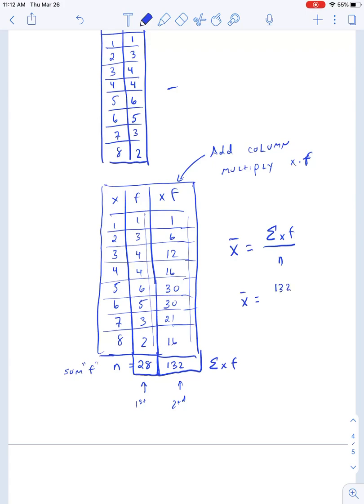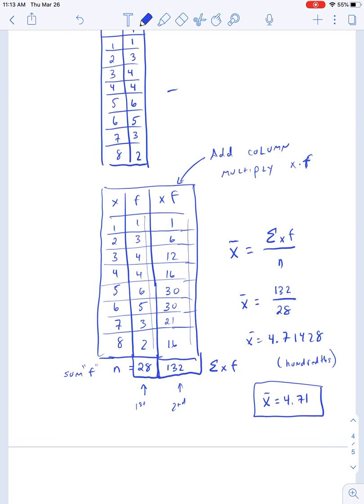So we get 132 divided by 28. When we divide that, we get a decimal, about 4.71428. Let's round to the hundredths. So your mean would be 4.71.